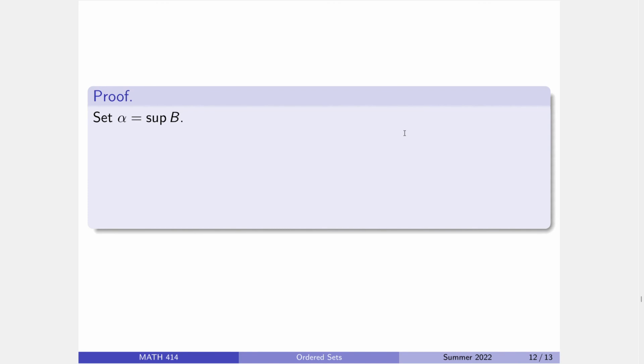Alright, well, let alpha be the sup of B. So I have two things to show. I have to show that it is a lower bound of the set E, and that any other lower bound of E is less than it, because I want to show it's the greatest lower bound.